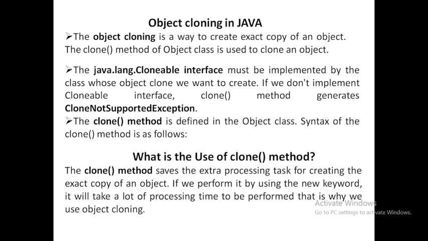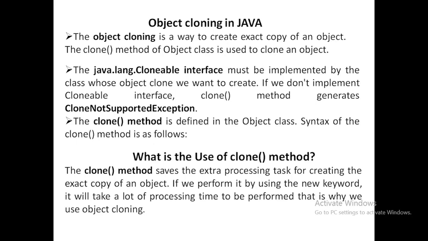Object cloning is a way to create an exact copy of an object. The clone method of the Object class is used to clone an object. We use some packages in Java to clone.